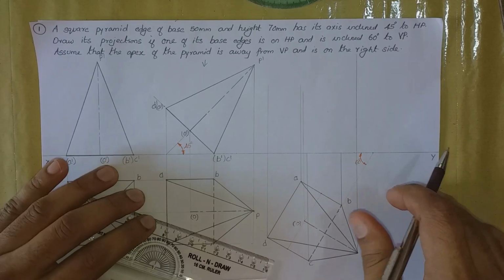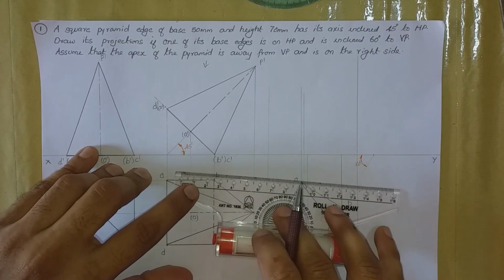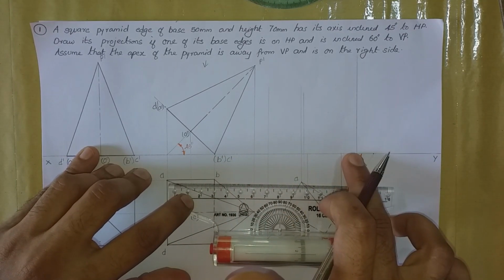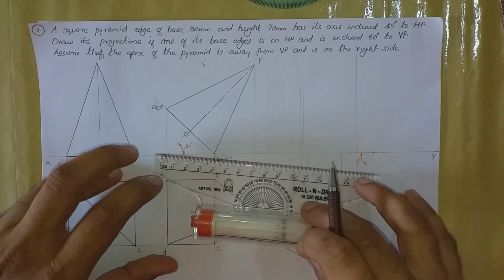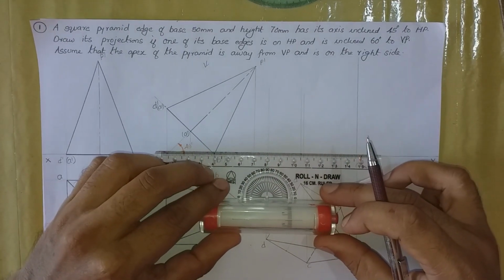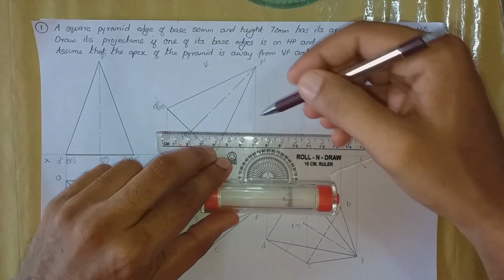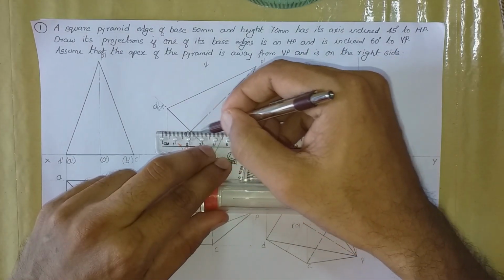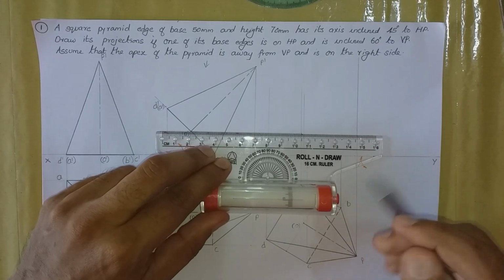Now we shall extend projectors from the previous front view. Already a projector from BC was here to the right hand side, so we need not extend it because it is along the XY line. Now we shall extend a projector from O. So here this is a projector from O, it is almost here. So I am extending it only up to this point because it is starting from this.